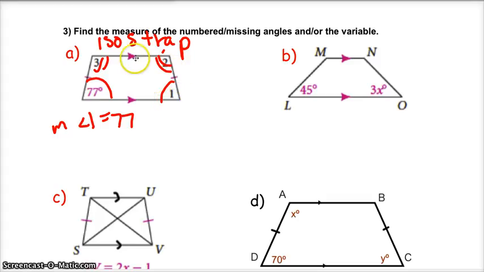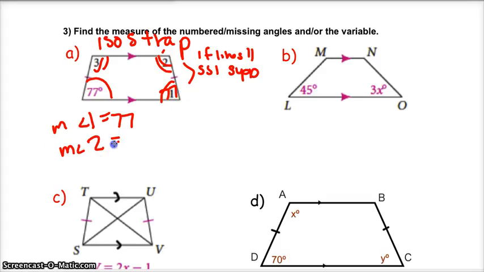Because of the idea of parallel lines, these are same side interior angles, and if lines parallel, same side interior angles are supplementary. So if this is 77, the supplement of 77 is 103. Following on the same idea, if angle 3 is supplementary here, it is also 103. And I have marked that the upper base angles are congruent, which they are.